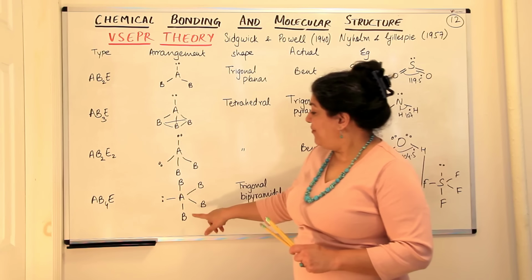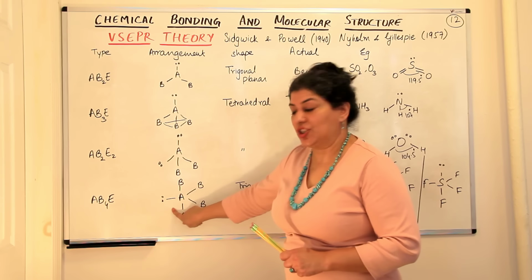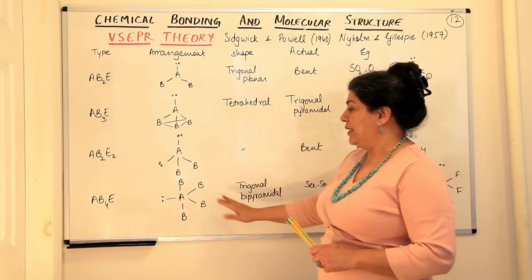That is what you would expect. Now, we find that instead of the trigonal bipyramidal structure, if you imagine this to be the lone pair of electrons and these to be the 4 atoms, and you take this molecule and imagine a seesaw in a park.